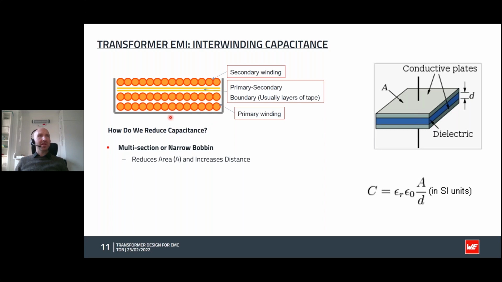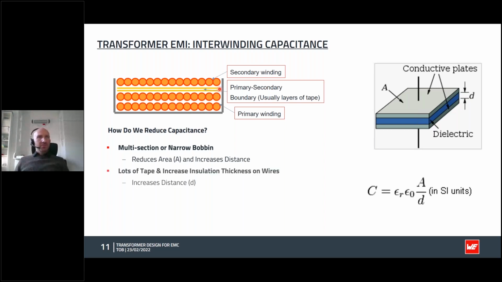What does that mean? Well, if we wanted to reduce that area, we could have a bobbin with a wall in the middle here, and then we could wind our primary just in this section and our secondary in this section. And then we would have much less area between the primary and the secondary. The area would be just this boundary here, which is far less than, say, the wide area we have here.